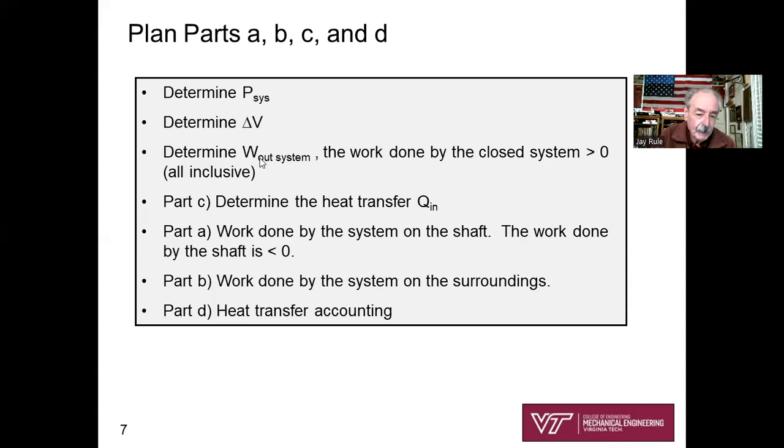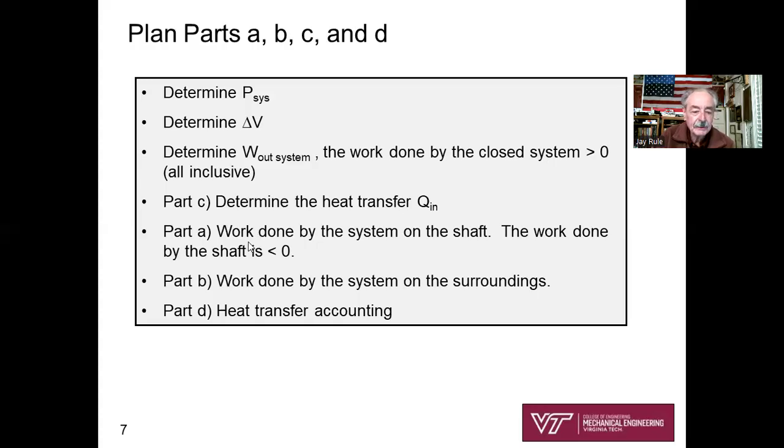We will then use work equals integral PdV of the gas to determine all the work that is done by the gas in the piston and cylinder. Work equals integral PdV. Then we're going to move to part C, determine the heat transfer using the first law.